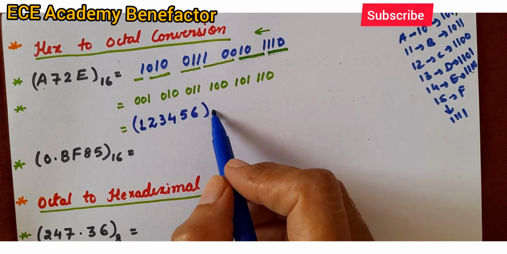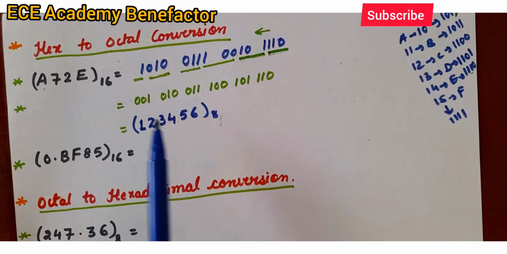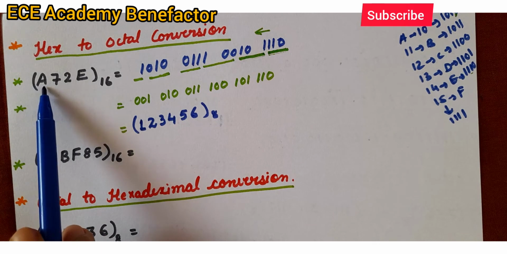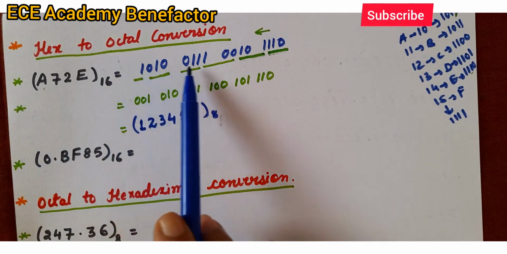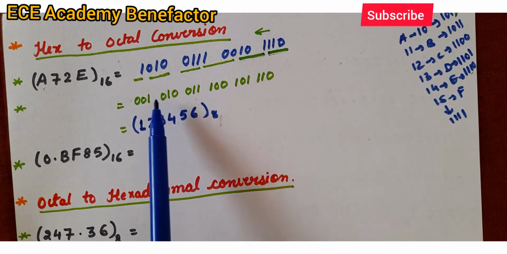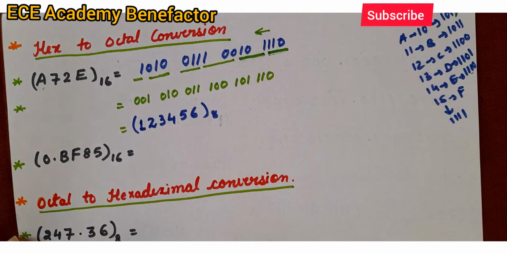So this is what we got as an octal number. So we have converted a hexadecimal number to an octal number. First write each hexadecimal digit in a group of 4 bits, then make groups of 3 bits, and then for each group write the corresponding octal digit.